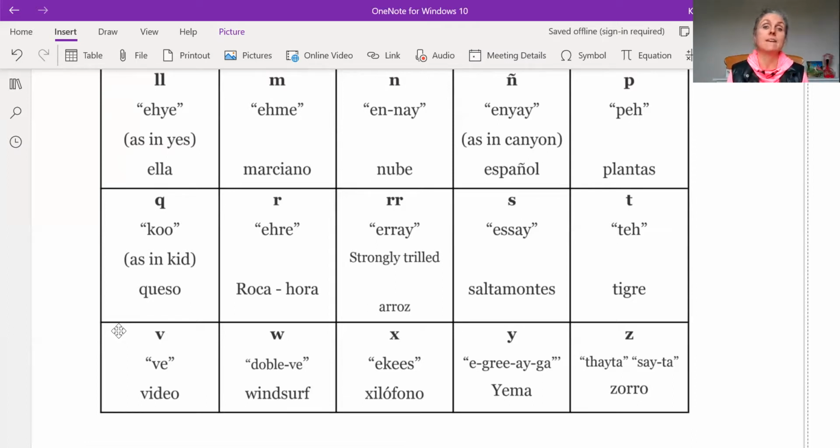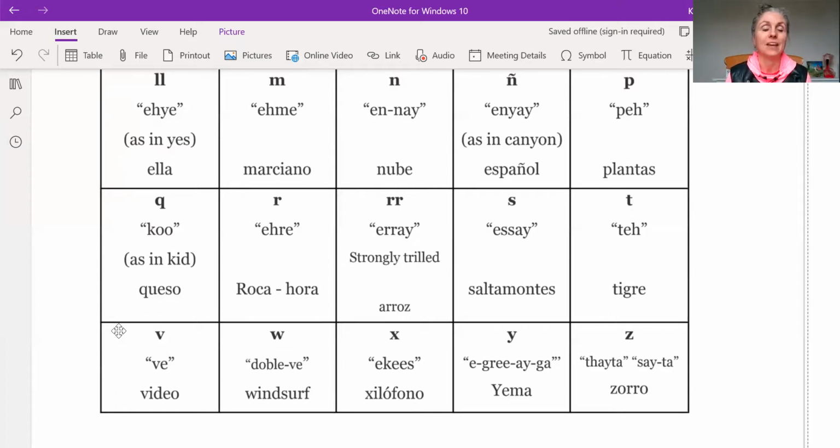So this word here is video. You can tell that I'm pronouncing a V, video. But when we're maybe spelling something, the B and the V, they sound very, very similar. All right, so we call the B alta, and the V corta.